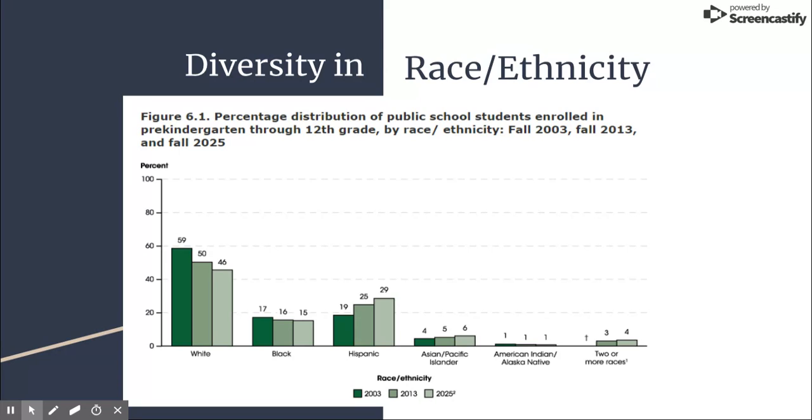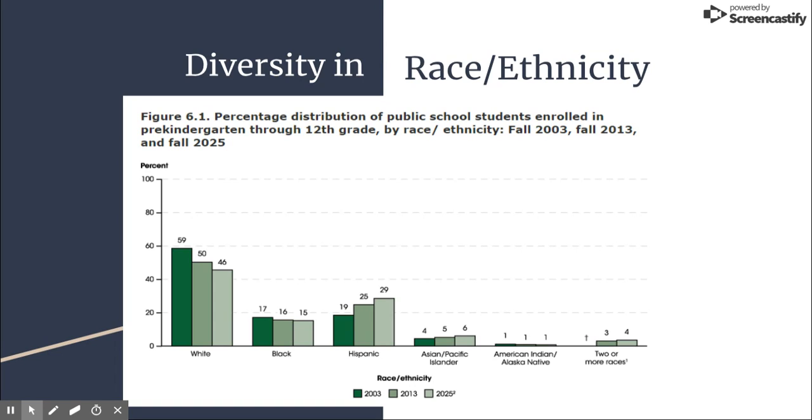For African American students, it's staying relatively in the same range. And then Hispanic students, it's increasing. Asian and Pacific Islander is increasing. American Indian and Alaska Native is staying about the same. But then students with 2 or more races is increasing.